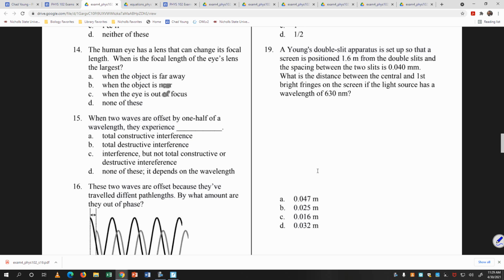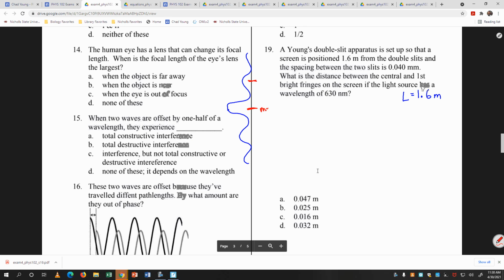First, let's just write down everything that we know. This is a double slit. I know that the slit spacing, or excuse me, the distance to the screen is 1.6 meters. It might help you to draw a picture too. I want to know the distance from here, the central bright fringe, to the first bright fringe.